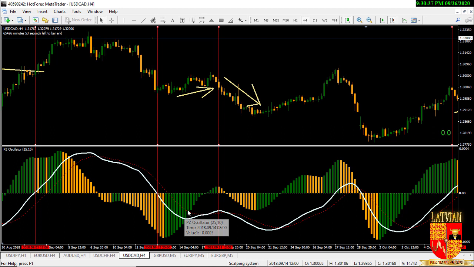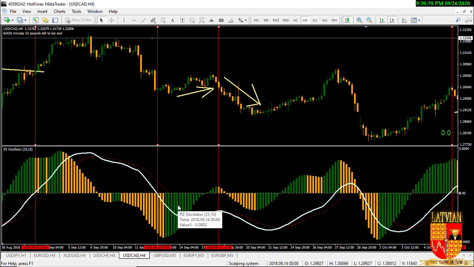There are two ways to determine the strength of the trend. First of all, look at the side on which these MACD histograms are on. Are they below the zero line or above the zero line? Then you'll also look at the color of the histograms.